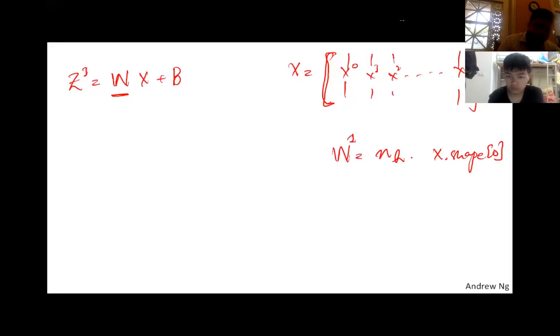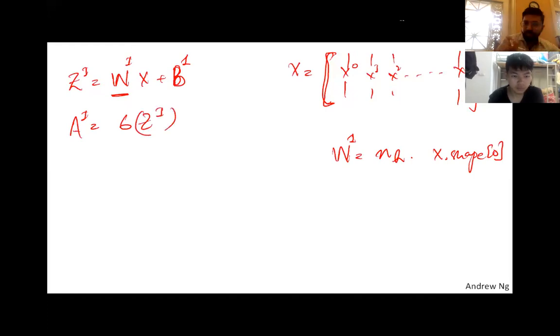I'm not going to write the shape of B because it's obvious, but you can do it yourself. Then A1 would be the sigmoid of Z1. Again, the sigmoid of a matrix is element-wise sigmoid, so you just do sigmoid of each element.